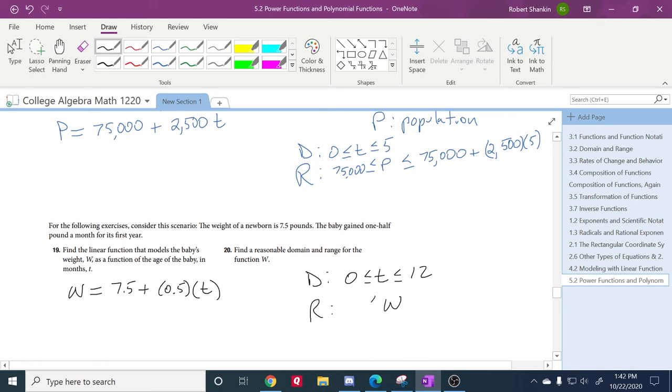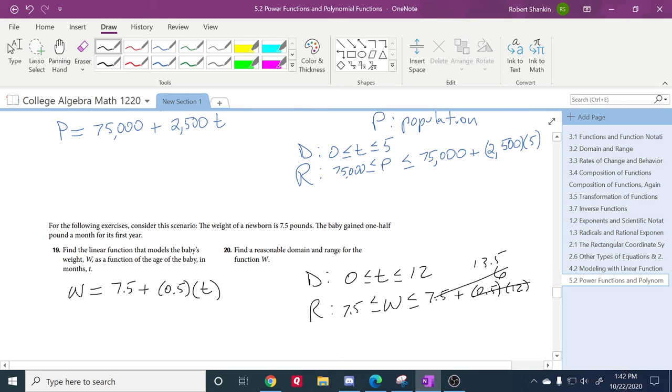W is going to go between 7.5 pounds when it's first born, and then 7.5 plus 1/2 times 12. Now we'd actually do 1/2 times 12, which is 6, and we'd add these together and we'd get 13.5. Yeah, so you'd say between 7.5 and 13.5.